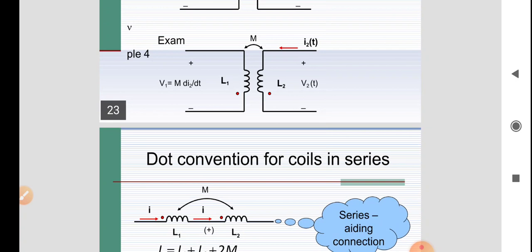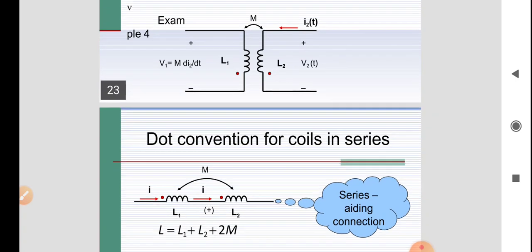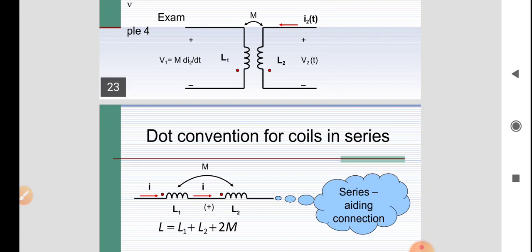So I1 current is also flowing from positive to negative, that is first entering the coil followed by the dot. Similarly, I2 current is also first entering the coil followed by the dot. As both are coil to dot, the mutual inductance is M. As I write the expression for voltage across the L1 coil, V1 is equivalent to plus M, the opposite current is I2 current, so di2 by dt.